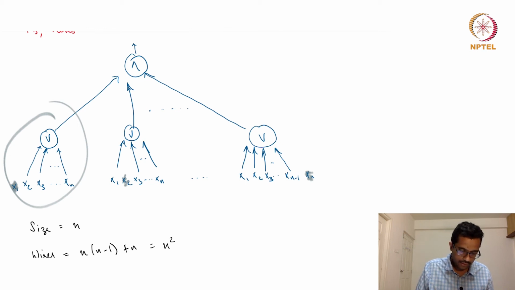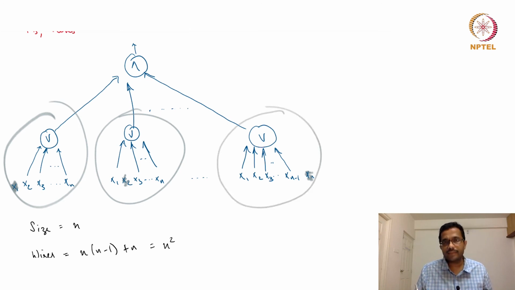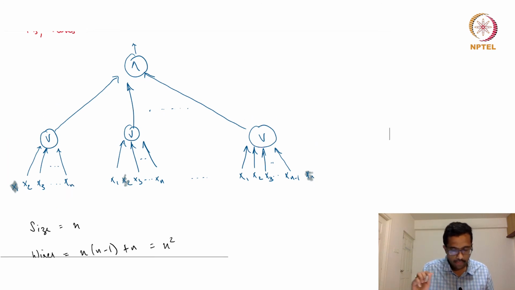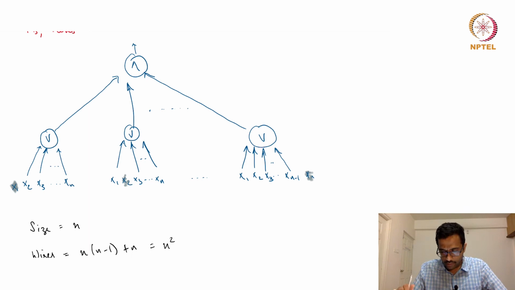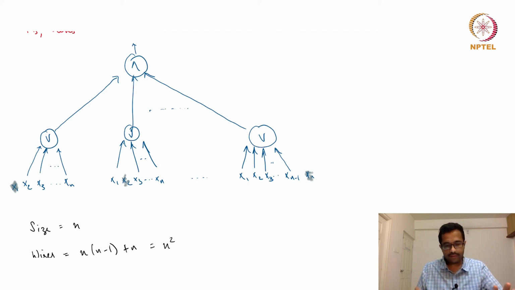And similarly, we are taking OR of all input bits except x2 in the second part, and so on till the OR of all bits except xn in the last part. And what we really want to do after this is to take an AND of all the ORs. So we have an AND of all the ORs, right, so this is the output.